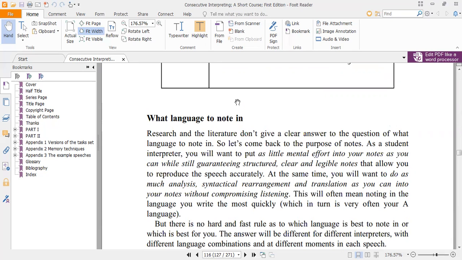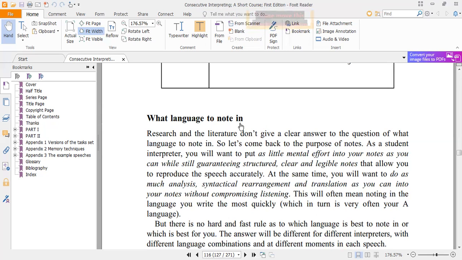You can take notes in the source language or the target language, but make sure that the language you use is a fully fledged system. You are familiar with it and you know every single step and every single detail of this system, then you can use it.